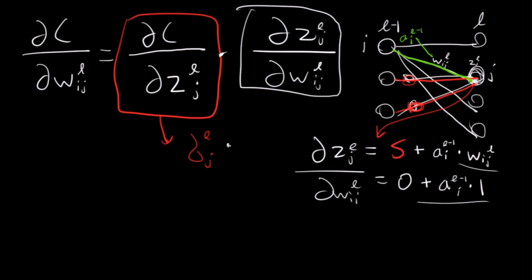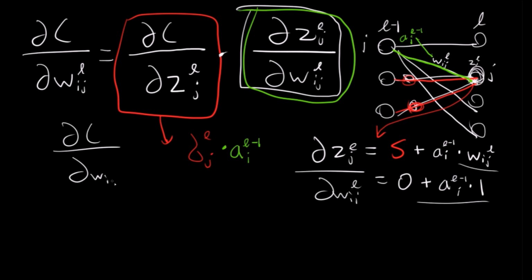So now we've completed this. We know that this is going to turn into a^(L-1)_i times 1. We've completed this.